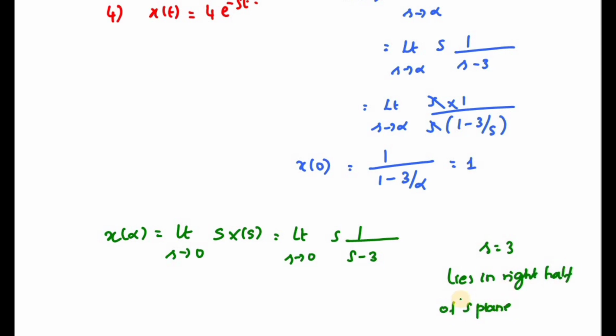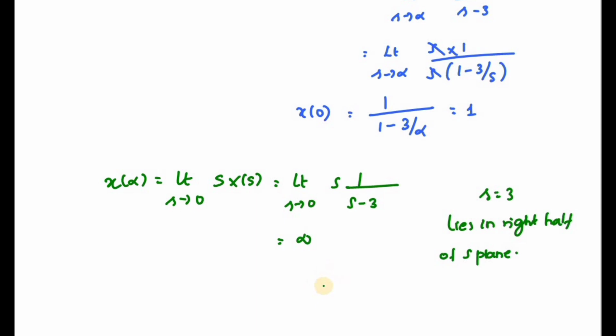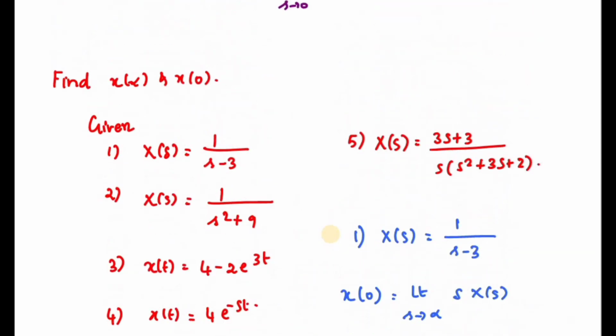So the answer is infinity. If you see, this is my s plane, and the 3 is somewhere around here. So the value of x of infinity is infinite. Okay, next, the second problem.